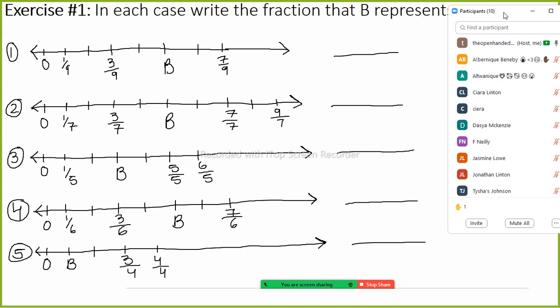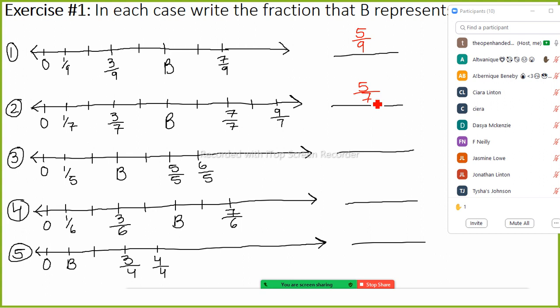Altonique, your hand is up. I can answer the second one. Okay, sure. Answer the first. All right, go ahead. The first one is 5 over 9. 5 over 9, very good. What's the second one? 5 over 7. 5 over 7, that's correct. What's the third one?